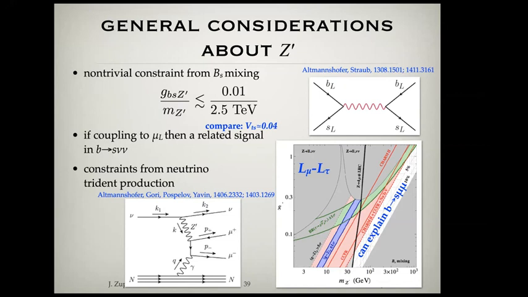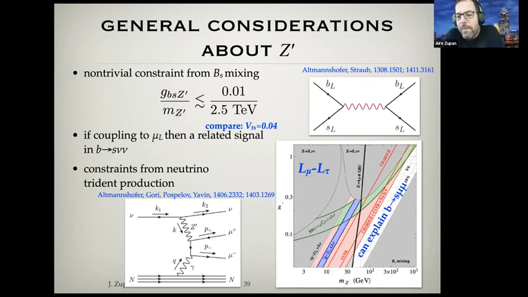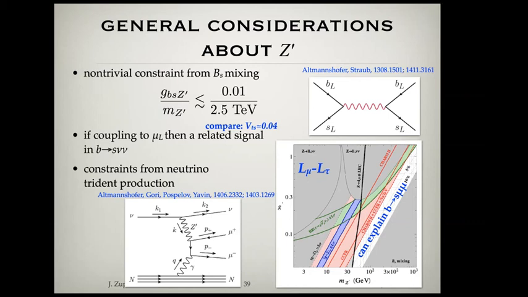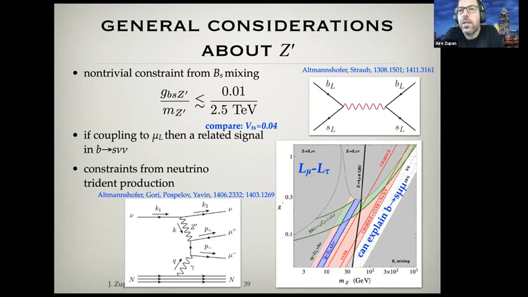Otherwise, you wouldn't discuss a Z prime of the order of 10 GeV or 100 GeV, as you have in this plot. Exactly. So this is what I just meant. And also, Claudia was talking of a light Z prime decaying to dark photons and so on. Yeah, exactly, the light Z prime. So I suspected that. That's why I made this comment. The light Z prime.